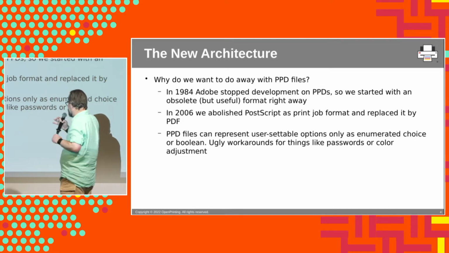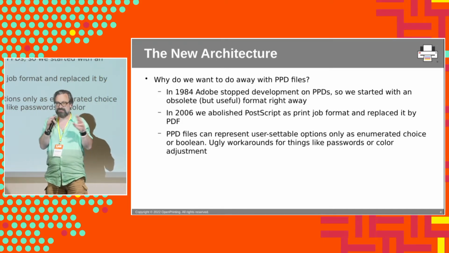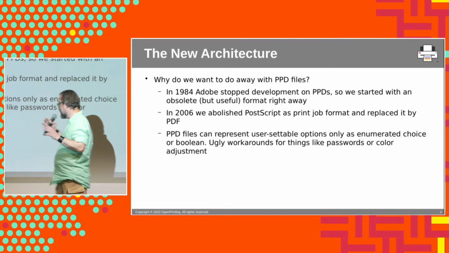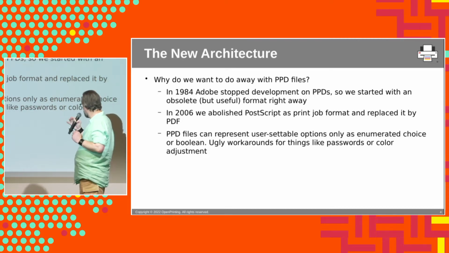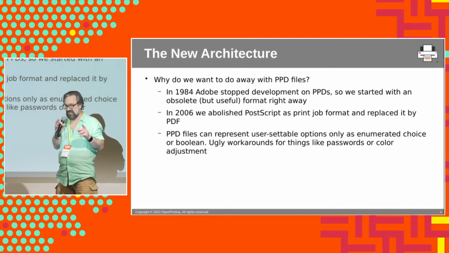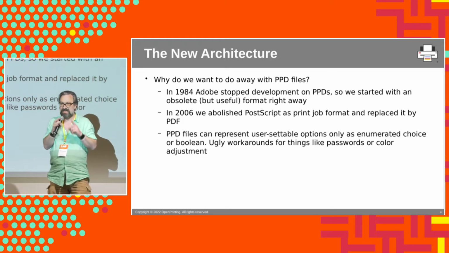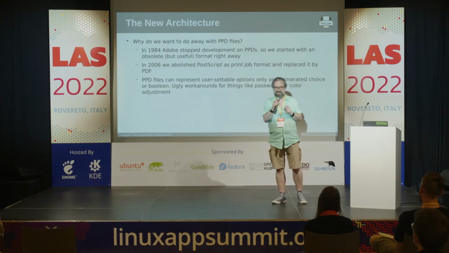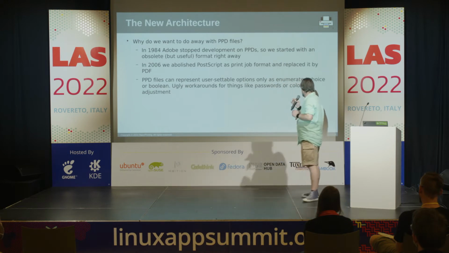And so PDF is much more modern, still under development and maintenance by Adobe, and so we switched to PDF. This was in 2006, in Atlanta, Georgia, at the first OpenPrinting Summit which I organized.